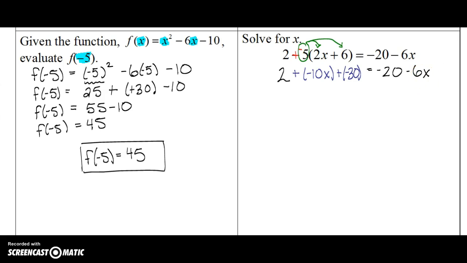I still need to simplify my left-hand side. -10x minus 28 equals -20 minus 6x. Now I'm ready to use my solve strategies. I choose to add 10x to both sides because I prefer to work with positive variables.